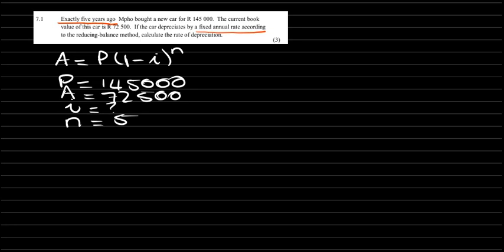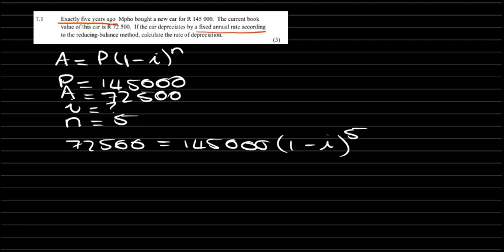Okay, so when you plug these numbers into our formula, we get that 72,500 equals 145,000 times (1 minus i), which we're trying to solve, raised to the power of 5.